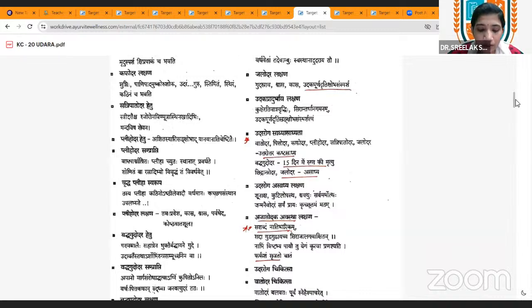And next is Udaka Pradurbhava Lakshana. And the last stage is Upadrava Yukta Udara. It is Krichrasadhya, that is, it is Asadhya. And it has complications like Atisara and vomiting, Chardi and Tamaka.